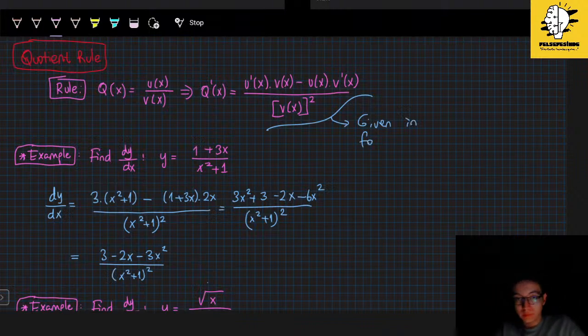It matters which one you take first here, because we are not adding, we are subtracting. Then u(x) times v prime, the derivative of the denominator, is the second part. And in the denominator of the derivative, you can see that we are taking the square of the denominator, v(x) squared.